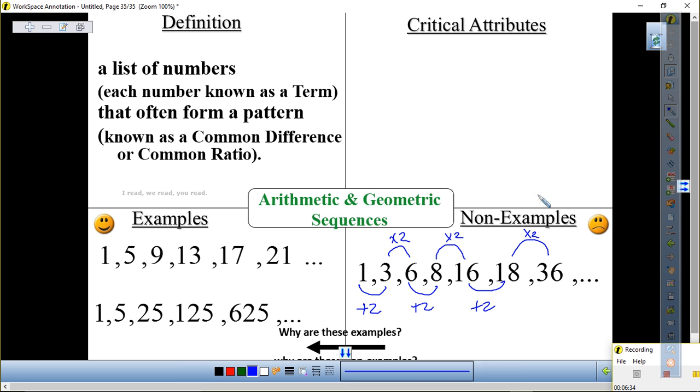All right. Danae, why is this not an arithmetic or a geometric?